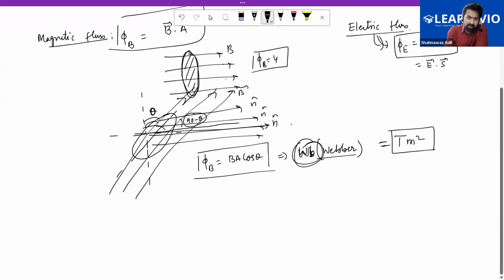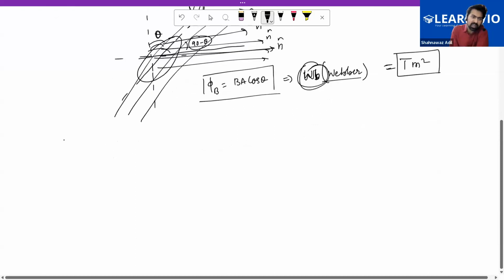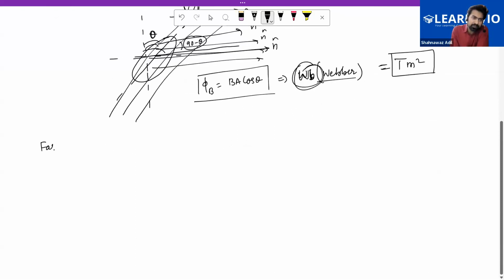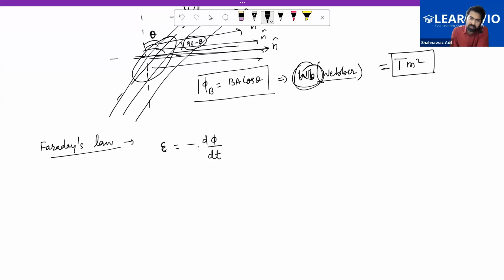This magnetic flux is related to Faraday's law, and Faraday's law states that EMF can be generated by changing this magnetic flux. This is a very important law.